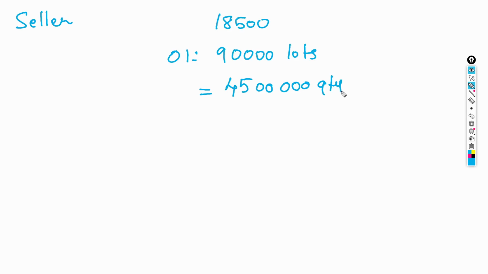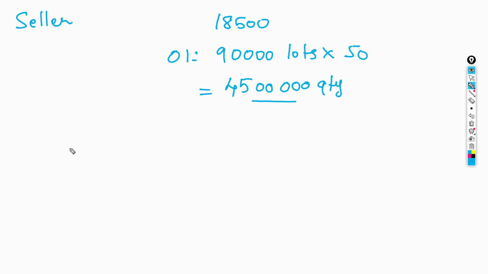Why 45 lakh quantity? It is pretty simple. Each lot size is 50 quantity. So when I multiply 90,000 lots into 50, we have a total of 45 lakh quantity open. So there is 45 lakh quantity of options which have been bought and are still open, and 45 lakh quantity of call options which have been sold and are still open.